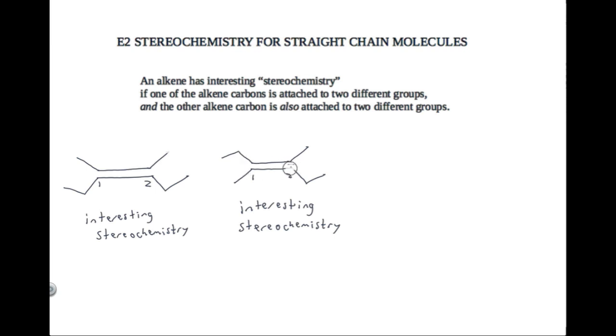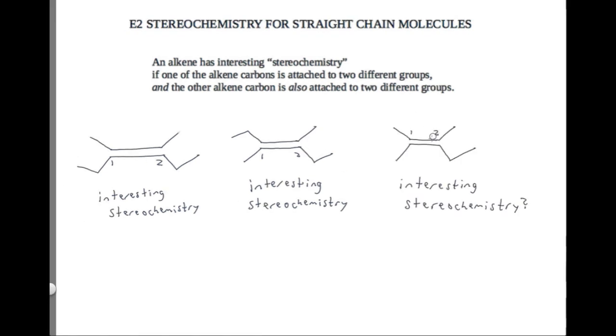According to this rule, this alkene carbon is attached to two different groups, an ethyl and a methyl, and this alkene carbon is also attached to two different groups, a methyl and an ethyl. How about this example? Pause the video and determine whether you think that this alkene has interesting stereochemistry. Well, we could apply this rule. There's interesting stereochemistry if each alkene carbon is attached to two different groups.